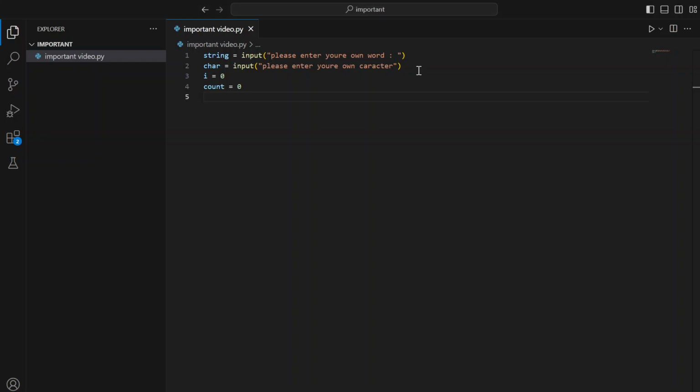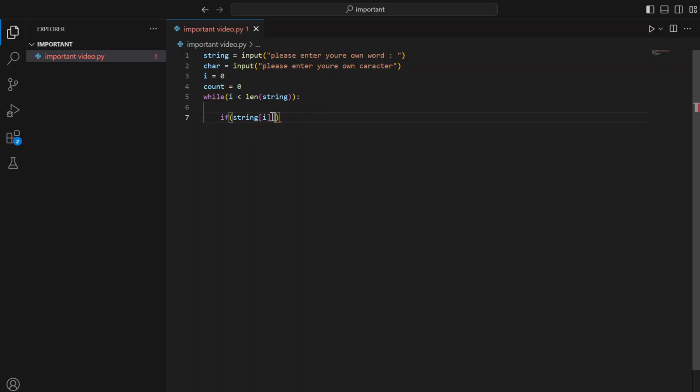While i is less than len of string, no space, and then if string i equals... no, it's supposed to be outside.